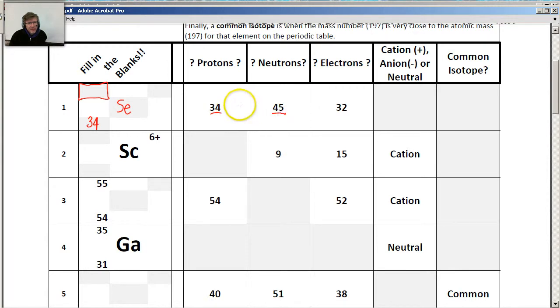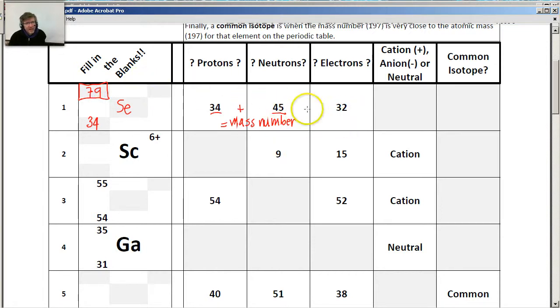So let's just do this. 34 plus 45 equals the mass number. I'm going to write it here once, and then we can go back to it when we get confused. So, number of protons plus the number of neutrons equals the mass number. 34 plus 45, 79. You can write that number right up here.